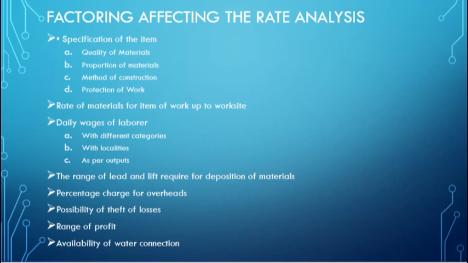The range of lead and lift required for the deposition of the material. For earthwork, it is considered for that. For highway work, rail embankment, etc. For trenching, for canal work, like that. Percentage charges for the overhead, possibility of theft or losses, range of profit, availability of water connection.